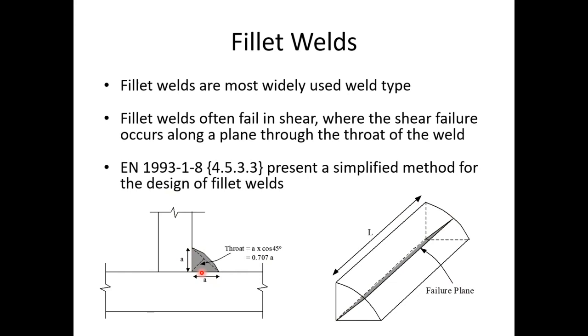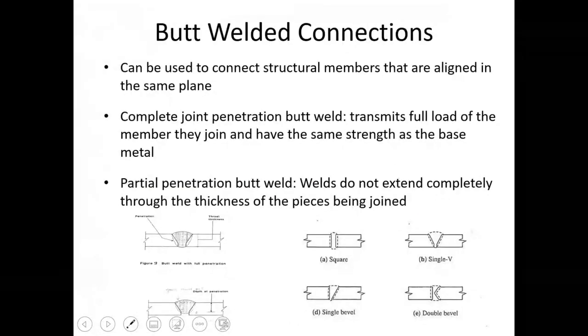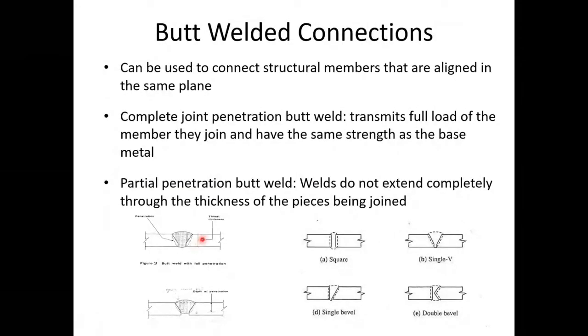So that's the failure, and then Eurocode 3 Part 1-8, clause 4.5.3.3, presents a simplified method for design of fillet welds. Then for butt welded connections, as I said, you prepare the end of the steel by chamfering off the end, fully filling it up with weld material. That's a full penetration butt weld, and you can prepare the end various different ways. Usually a V is the most common one.